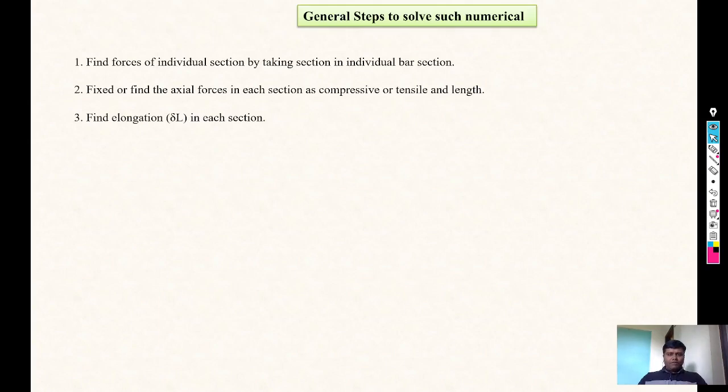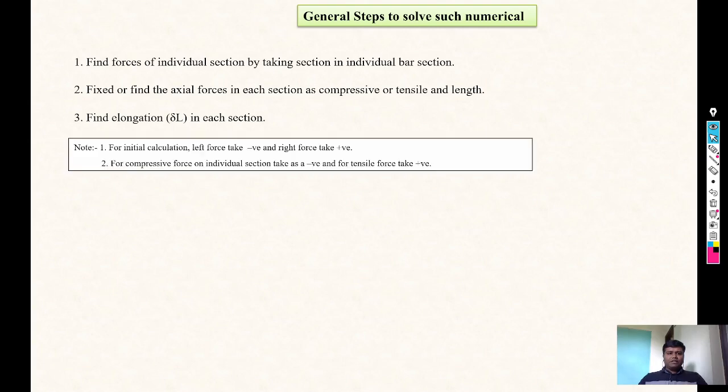For solving such type of numerical, these are the important points that I already discussed in the last video. We will take a short revision while calculating the individual force on each section.